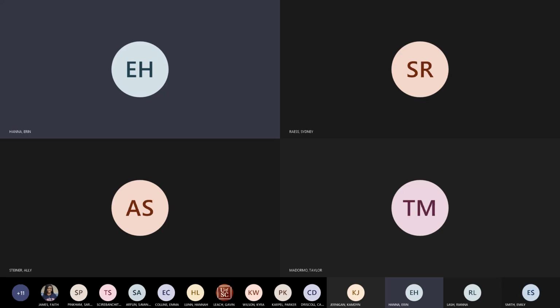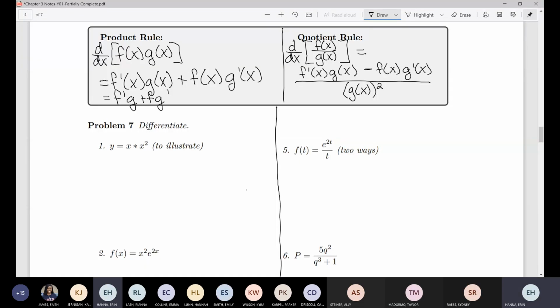I want to look at number 1. Number 1 is just for illustration purposes because you could technically make that x cubed and just do a power rule. But just to show you that this does come out to be what we want, I like to write down what my f and g are, find f prime and g prime, and then stick it in the right order. So what's my f?